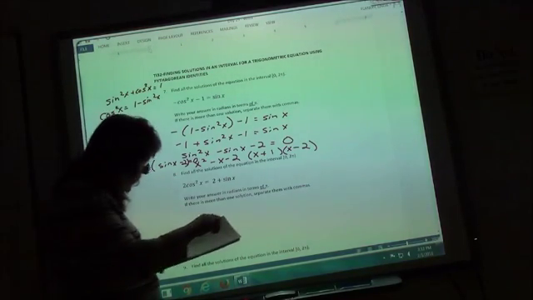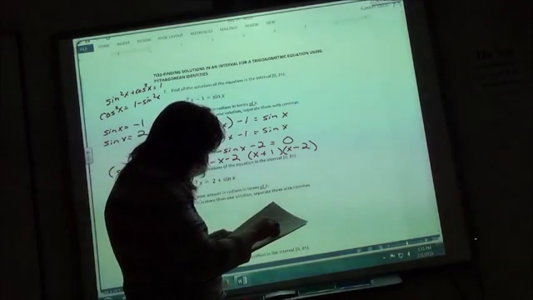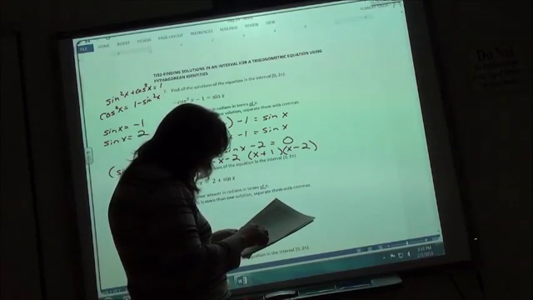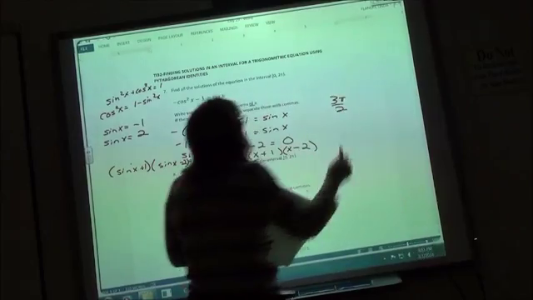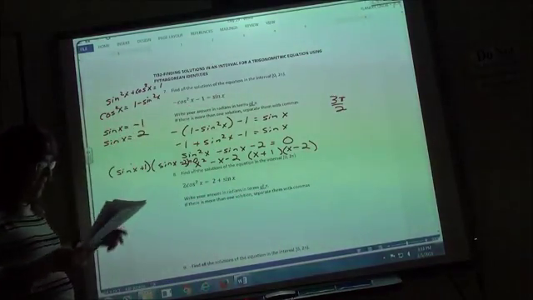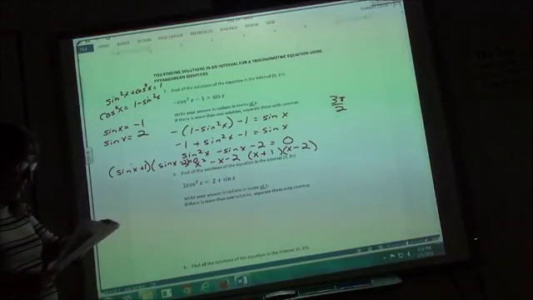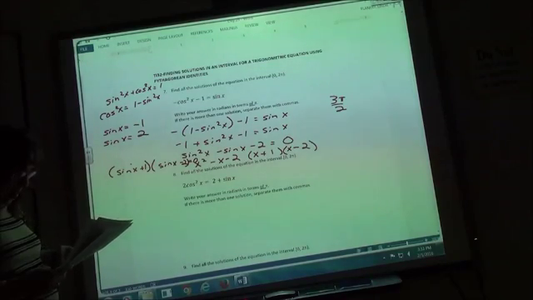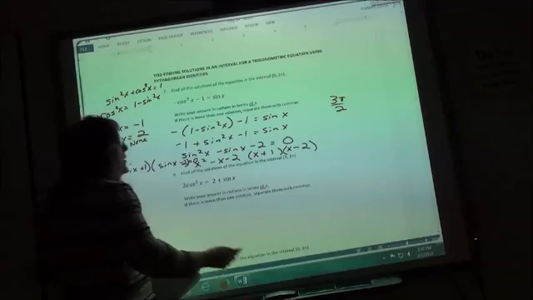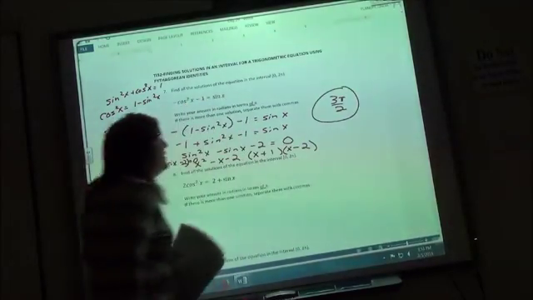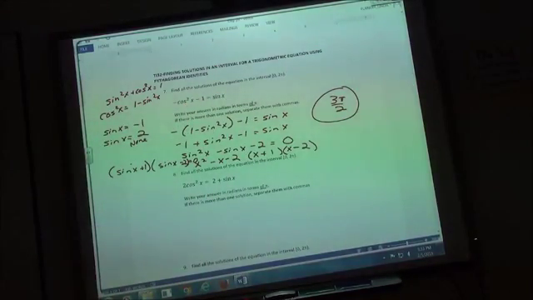Sine of x equals negative 1. Going down my list, there's only one answer, 3 pi over 2. Looking for where the sine of x equals a positive 2, if I look down my list, there are no 2's in there. None for that one. So my only answer is going to be 3 pi over 2.